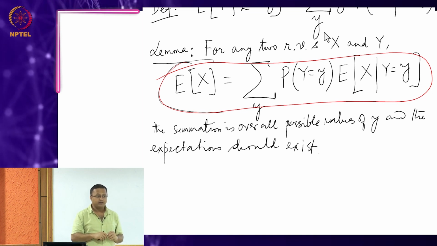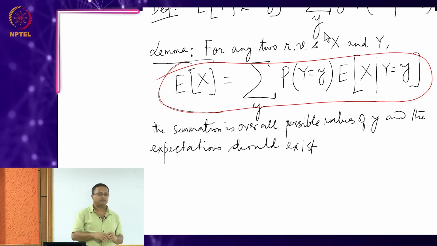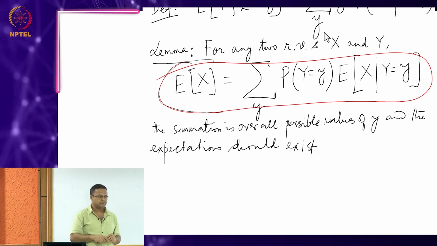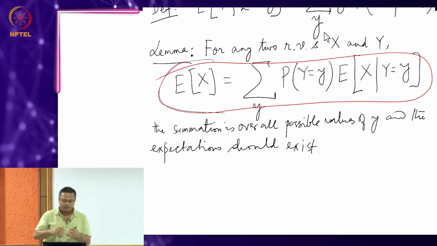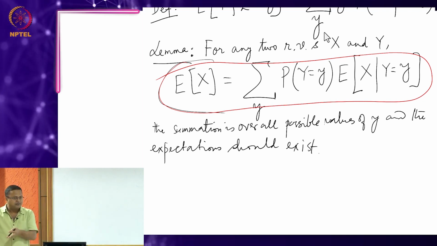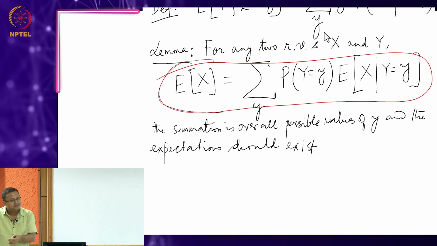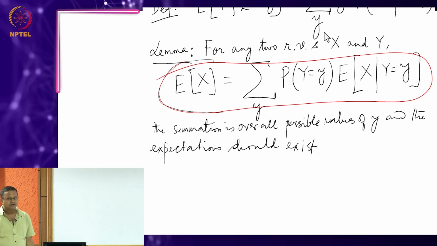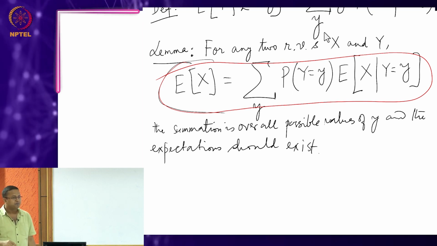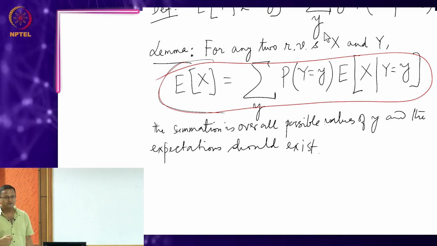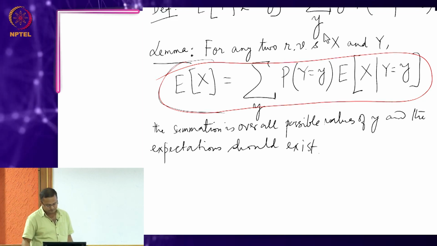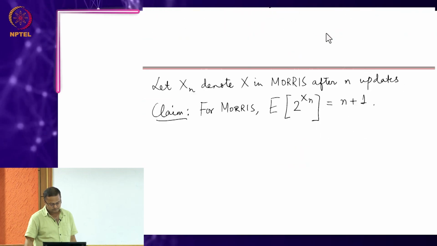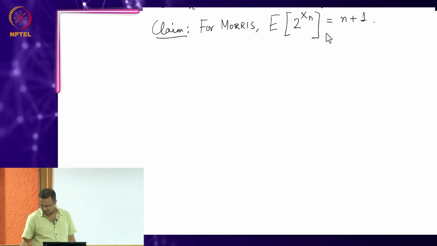I incremented it based on its current value. Right? So, that means the more you go towards the end, the probability is getting down and you are adding less and less. How are you compensating for that? By raising it to the 2 to the power of x. Okay.